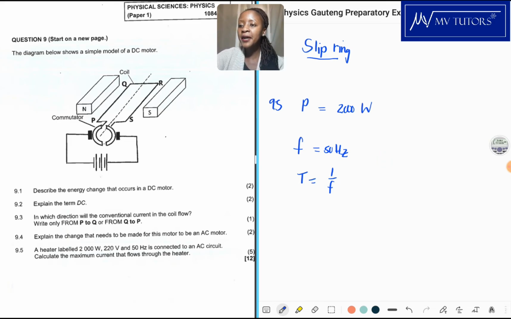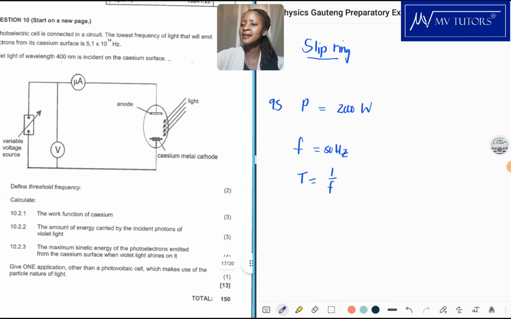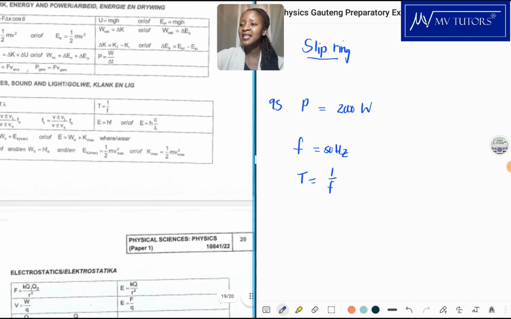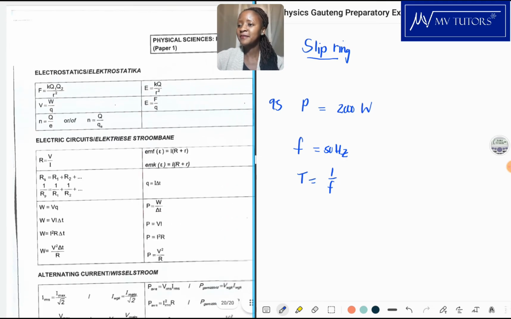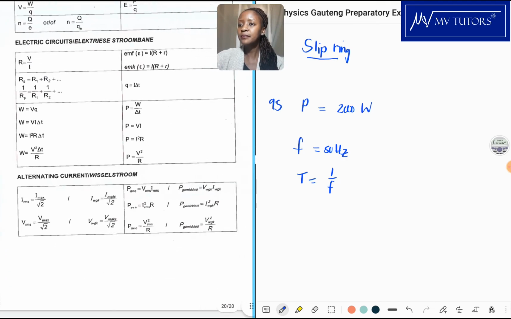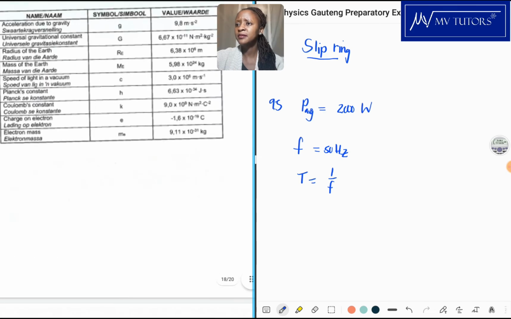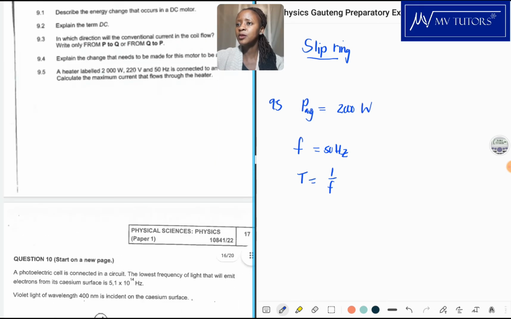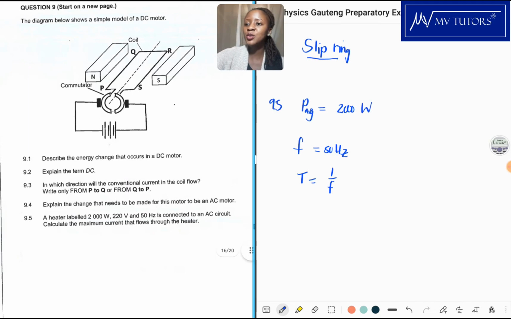Calculate the maximum current that flows through the heater. So I suggest we go to the formula sheet and get the equations there. So we have our P average. Did they give us our voltage somewhere? Yes, 220 VRMS, 220 volts.